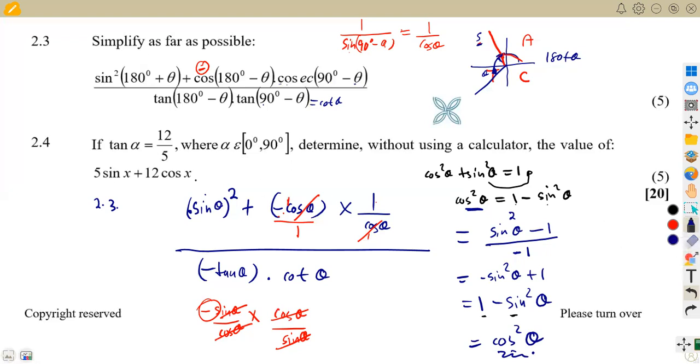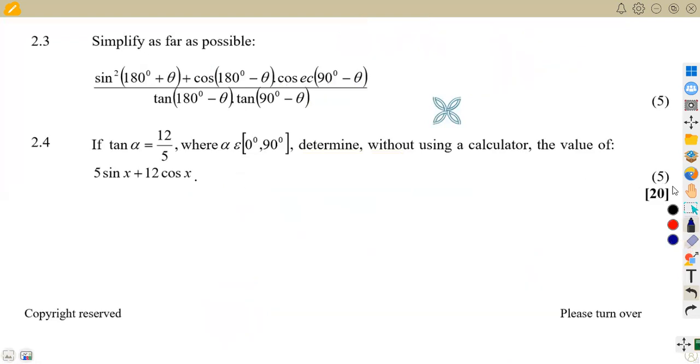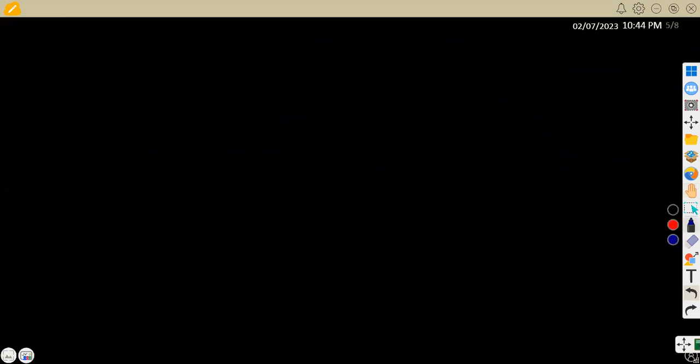On question 2.4, we are given that tan alpha, with alpha from 0 to 90 degrees, determine without using a calculator the value of the expression given there. So I'm going to rewrite our question here.